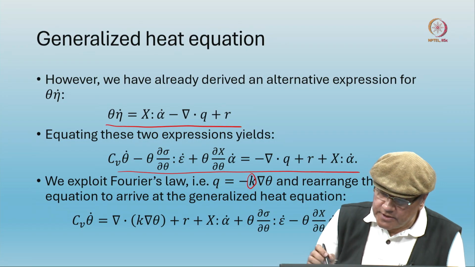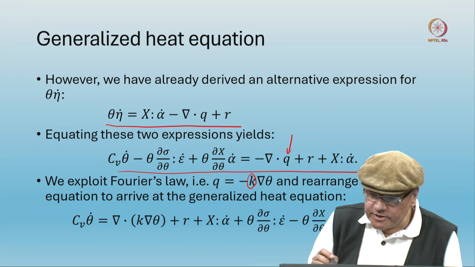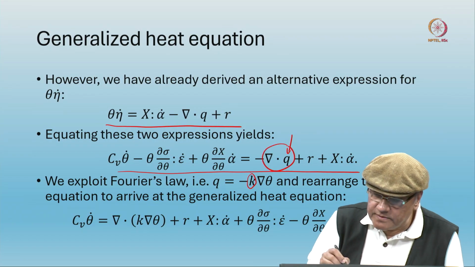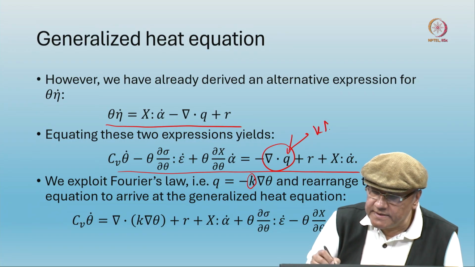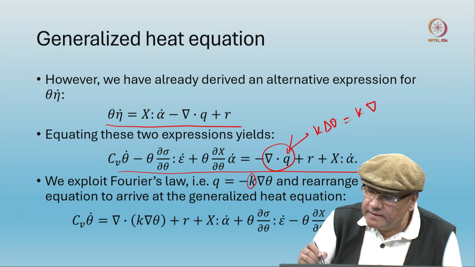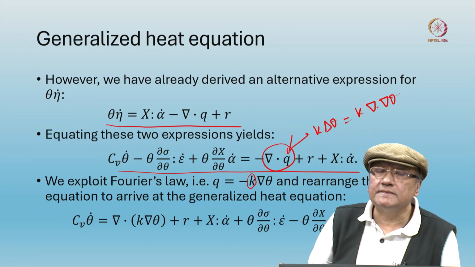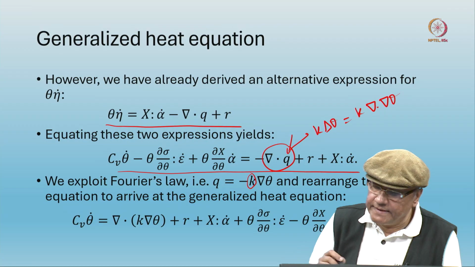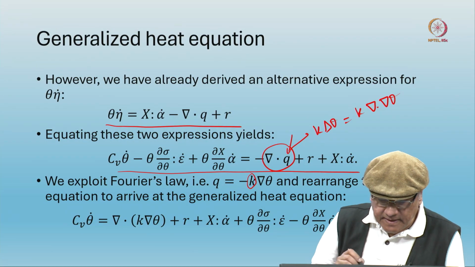So, put that here, so that this term becomes, with a plus sign, K, if K is constant, K Laplacian of theta. You remember that the Laplacian is nothing but the divergence of the gradient of theta. That is how the Laplacian is defined.